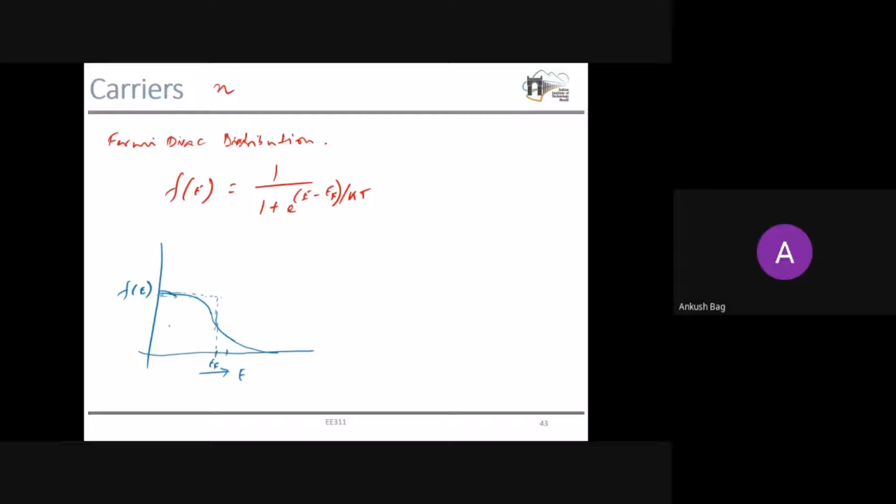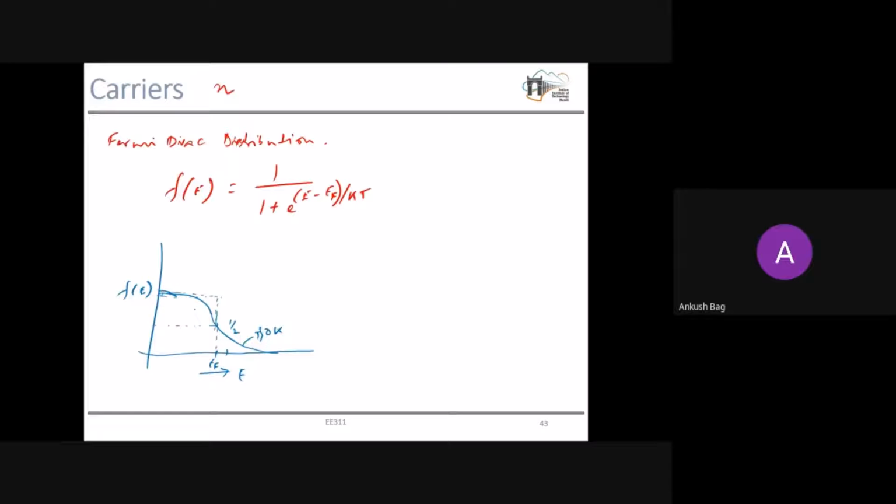Here it is almost half, as you know. This is at some energy above 0 Kelvin, this particular continuous line at T greater than 0 Kelvin. So what does it say?